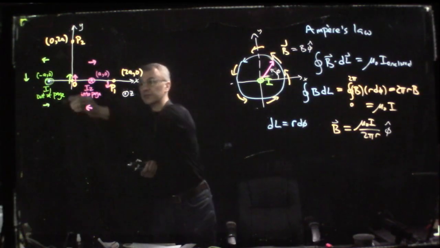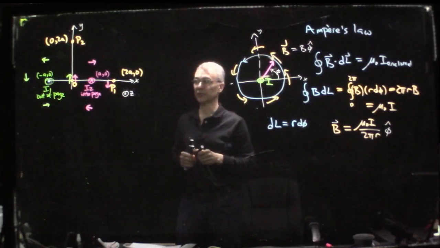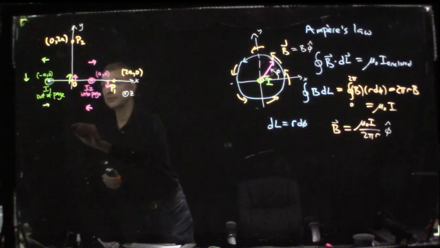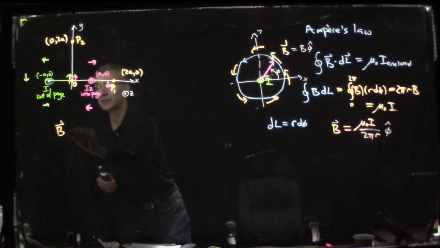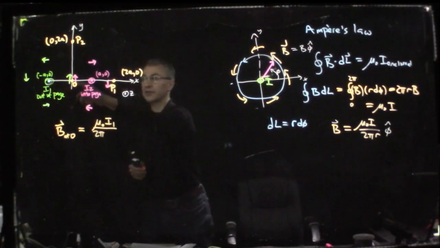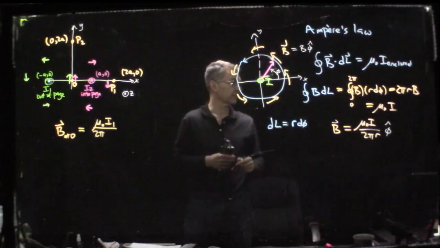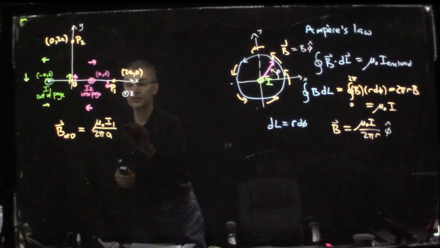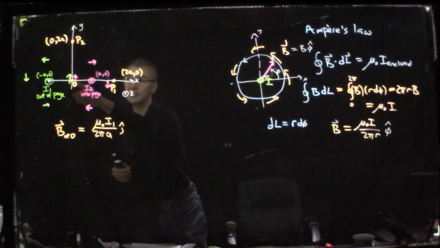And if I1 and I2 are the same magnitude, they're going to be the same magnitude magnetic field contributions. So we have the magnetic field at the origin equals mu naught I1 over 2 pi. The distance between this current and this point we're evaluating the field is just a, so that is in the j hat direction.